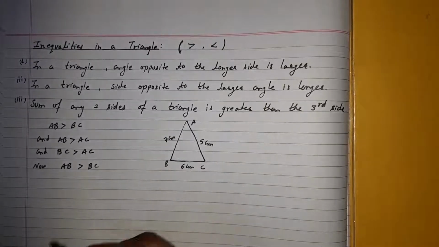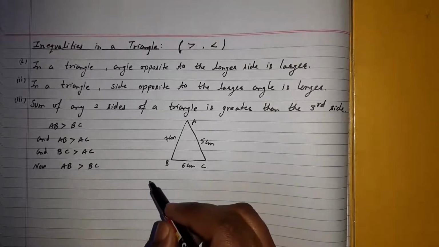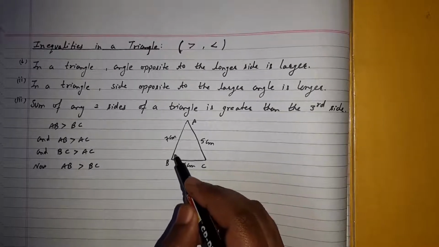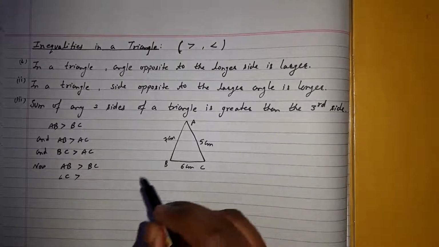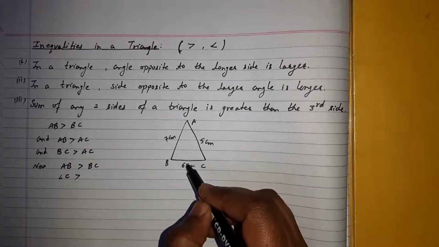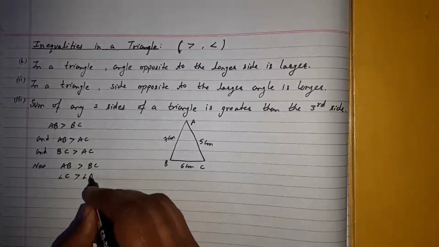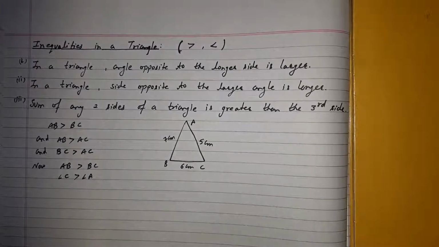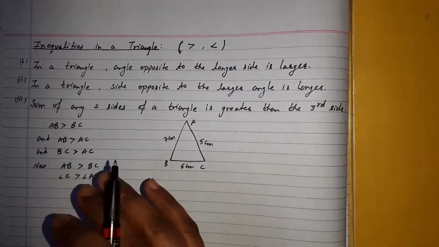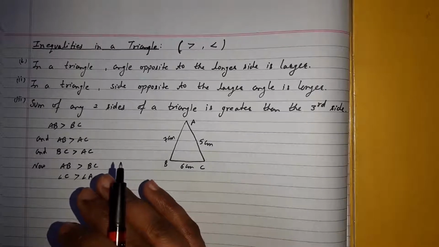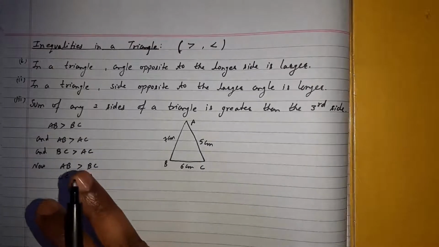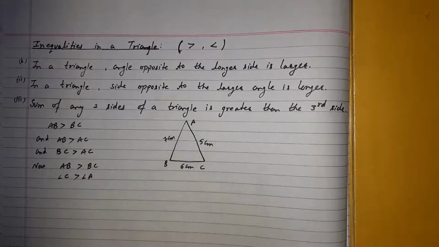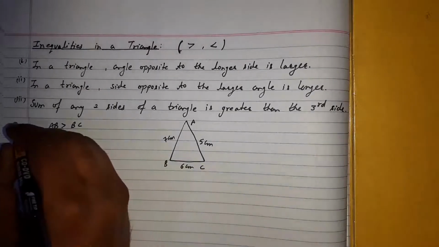The angle opposite to the side AB is angle C, and the angle opposite to the side BC is angle A. So we can say that angle C is greater than angle A. So if we have the relation between any two sides, we can find the relation between two angles. Similarly we can find the other ones. This is the first.